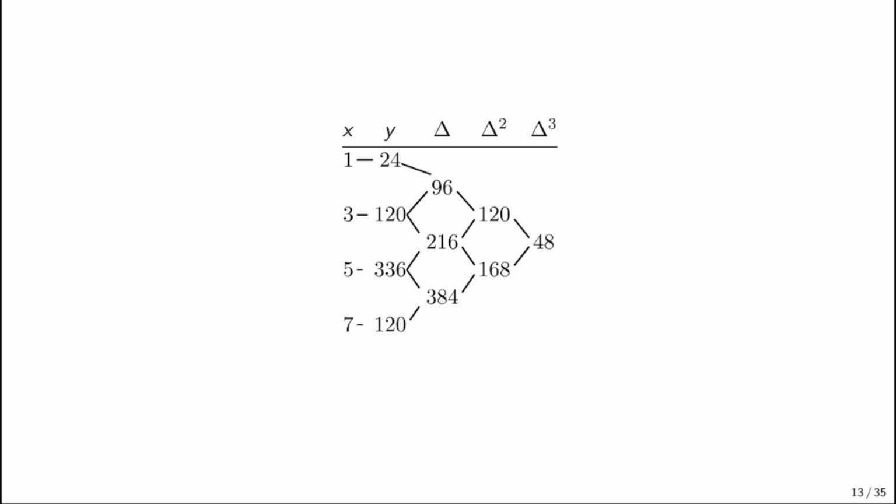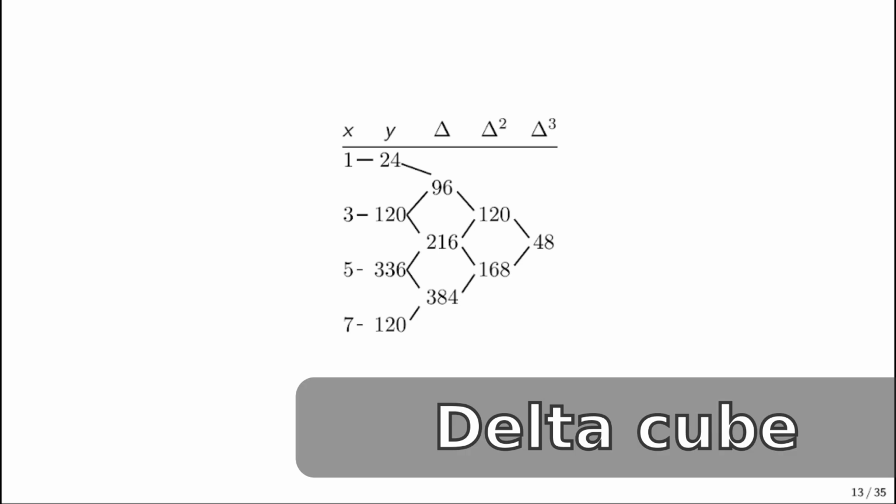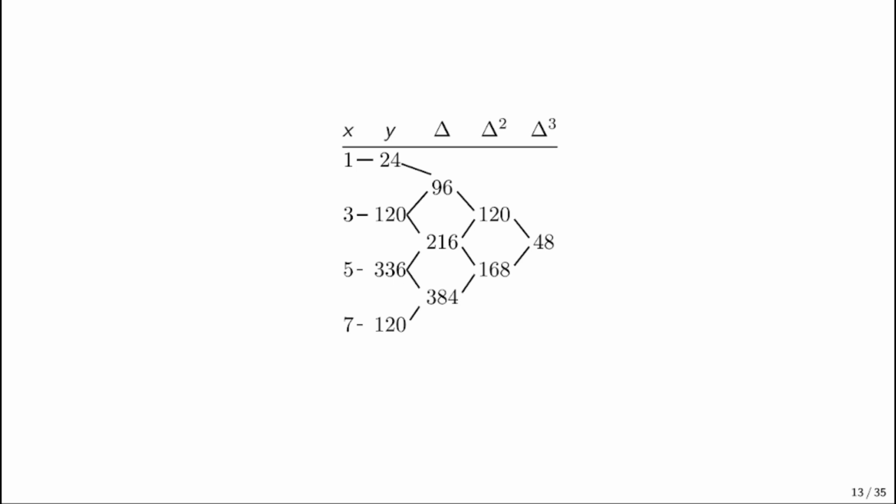Delta square y1 is delta y2 minus delta y1, which is 384 minus 216, which is 168. The third forward difference, delta cube y0, is delta square y1 minus delta square y0, which is 48. This is how we calculate the forward difference table.